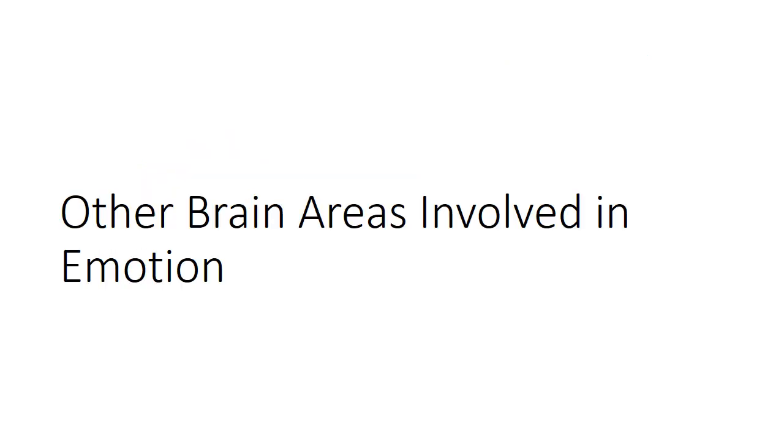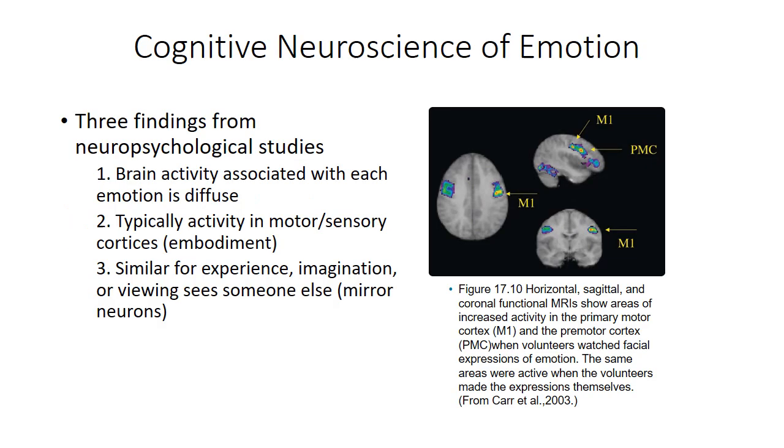But it turns out that the amygdala is not the only part of the brain that's involved in emotions. In fact, the amygdala seems to be attuned particularly to fear, and other emotions seem to recruit other areas. Now, there's a lot of research on emotions, and your book in this page is just going to break down a general summary of what we find when we look at more complex emotions in humans, and we put them in scanners like fMRI scanners.